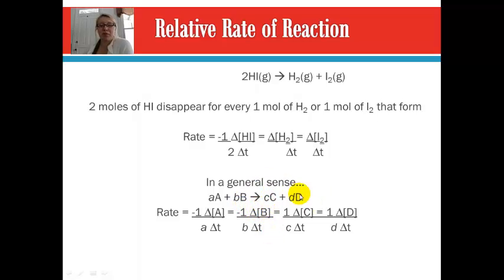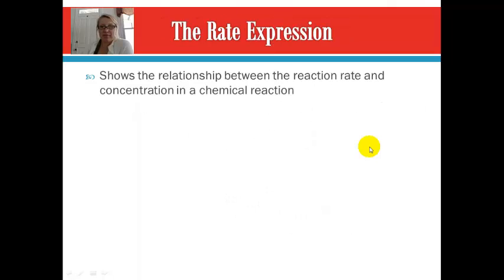And then since you're forming products, the rate would also be equal to 1 over the coefficient c times the change in concentration of C over time, which is also equal to 1 over the coefficient d times the change in concentration of D over time.